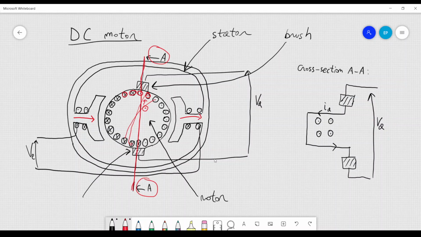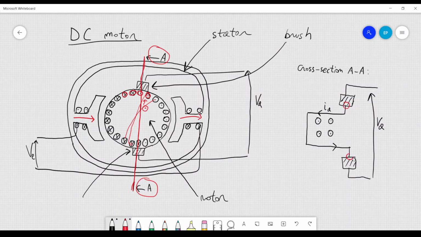The flux and the current are going to create a force acting on the sides of the coil. Let me mention one more time that this coil here is rotating with the rotor, whereas the brushes and the voltage VA are related to the stator, so they are stationary, but this coil can rotate with the rotor.